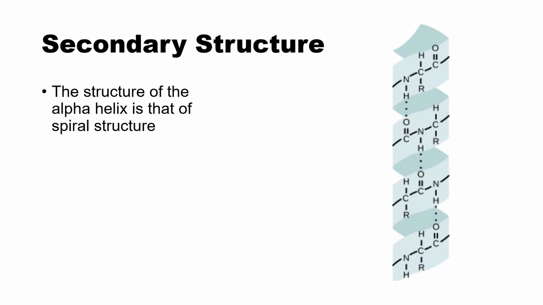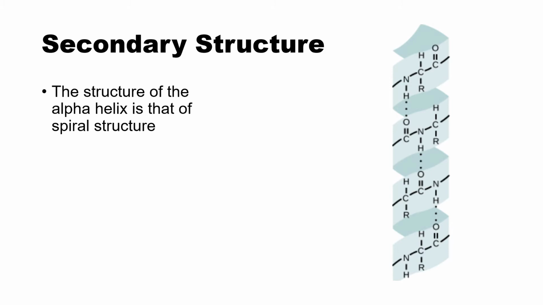The amino hydrogen of the amino acid is bonded with the oxygen para magkaroon ng hydrogen bonding. This pattern of bonding will pull the polypeptide chain into a helical structure. So, parang ganito. Parang nag-spiral.